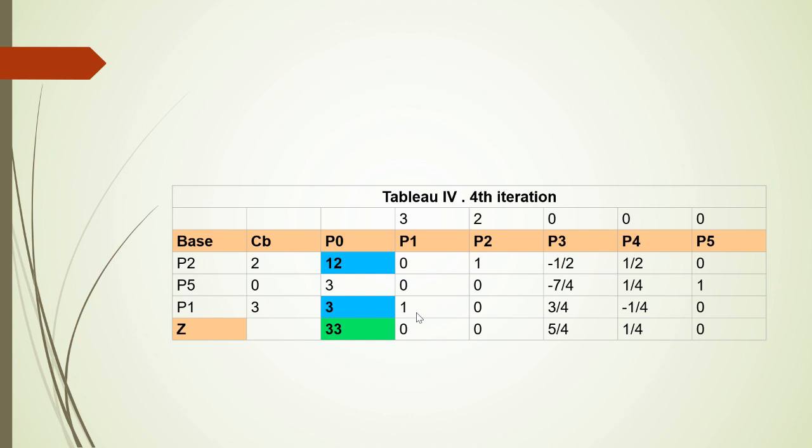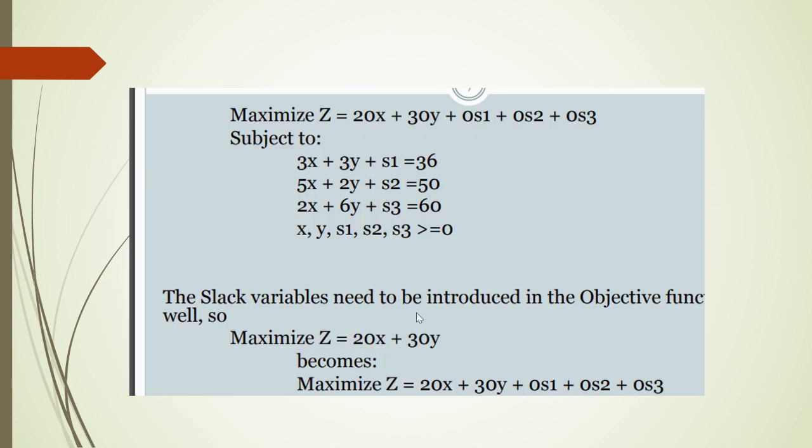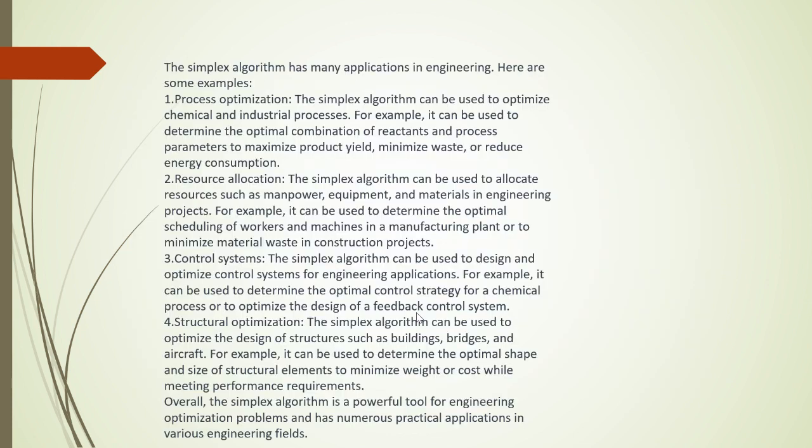Now we look into another example to get a clear understanding of the simplex algorithm. And the simplex algorithm has many applications in engineering and in many fields. We use the simplex algorithm in wireless communications. We use it in process optimization.